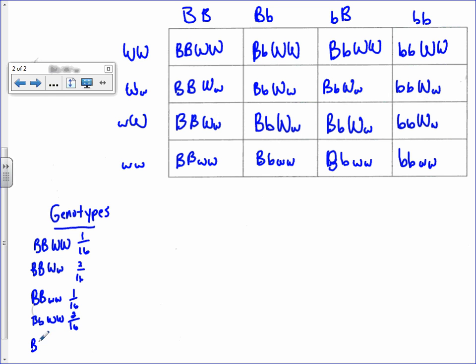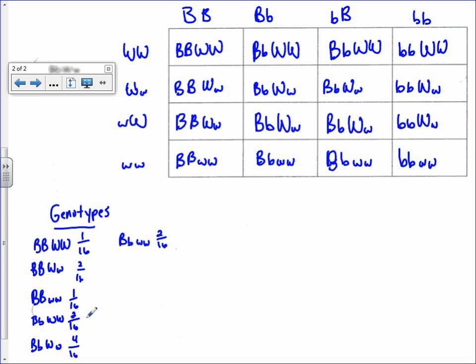For heterozygous for color and heterozygous for texture, we have 1, 2, 3, 4 boxes here, so we have 4 out of a 16 chance on that combination. And then for heterozygous for color but homozygous dominant for texture, we have 1, 2 out of 16 for that possibility.